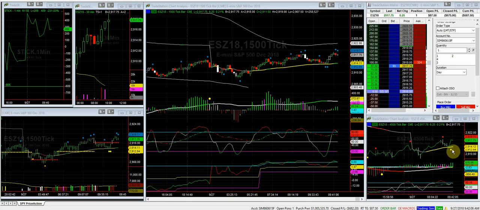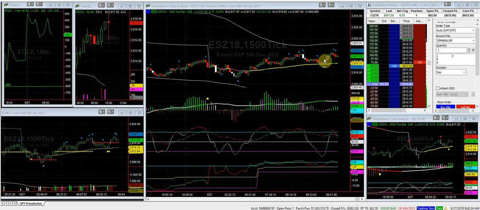So we're going to go ahead and let it play out, even though we now have 2 timing alert dots to the downside. Now, this is the way it might go, especially early in the morning, because not until about 10:30 or 11 o'clock will it really decide which way it wants to go for the majority of the day.